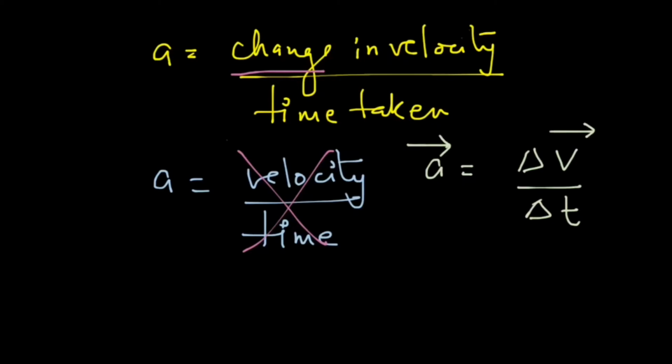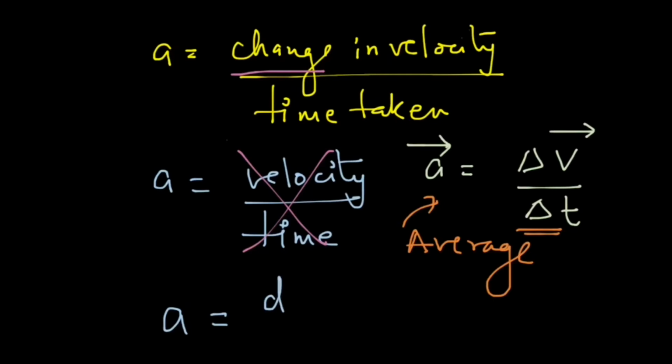Now if you remember the video on velocity and speed, I told you that there are two kinds of velocities, the average and instantaneous. Similarly, acceleration is also of two kinds, and the one we see here is the average acceleration because the time interval is large. So if we make the time interval small, then we write a equals small change in velocity, that is dv, upon small change in time, dt.